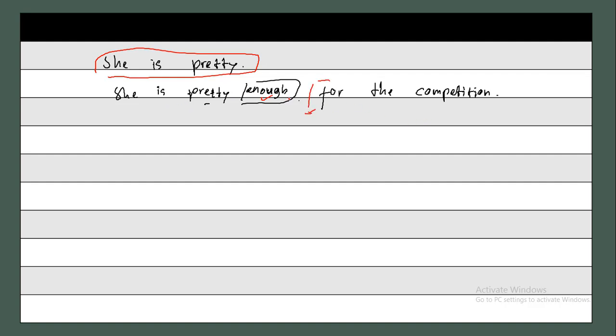She is pretty enough for the competition, because when we state enough here, I think it's not wise if your sentence just stops there. For example, she is pretty enough. Why do we say she is pretty enough? Absolutely, there must be other information that we should add, to make the context clear. So we can say she's pretty enough. Oh yeah, we get it now. She's pretty enough for the competition.